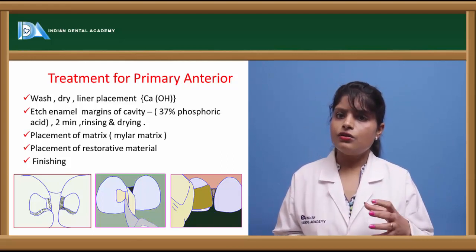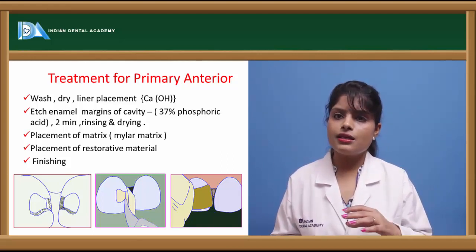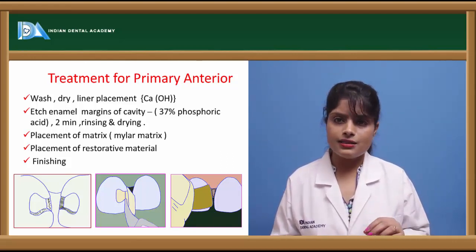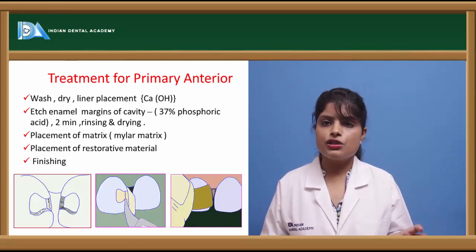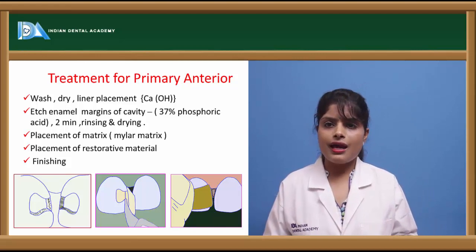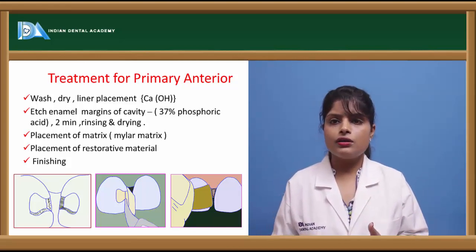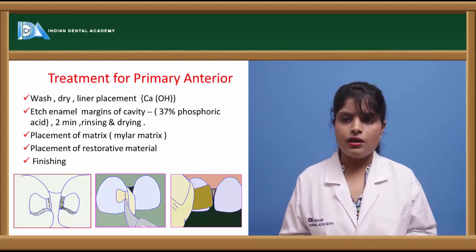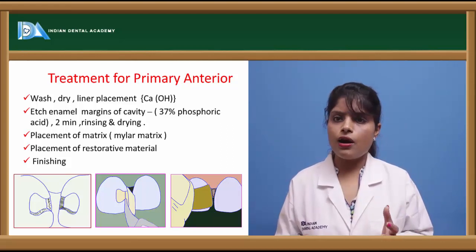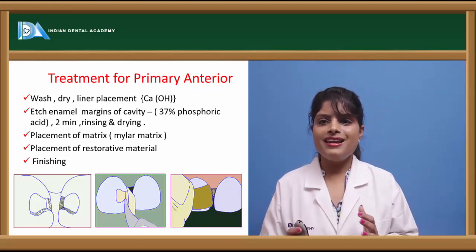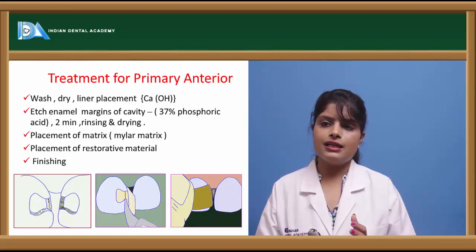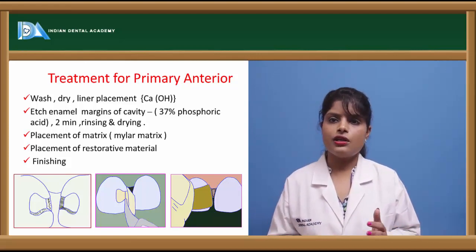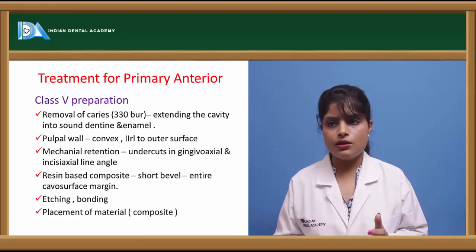Then after 10 seconds of rinsing of the phosphoric acid, we go for bonding and placement of the composite restoration, or glass ionomer cement without these bonding procedures. We even place a mylar strip for proximal support so that proper contouring of the restoration takes place, and final finishing is done by means of finishing burrs.